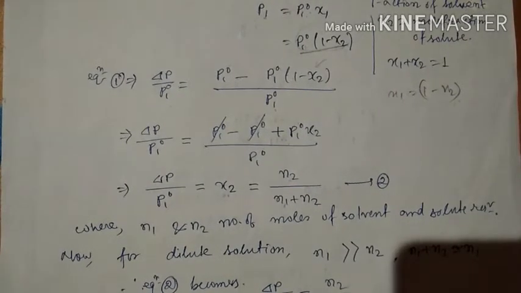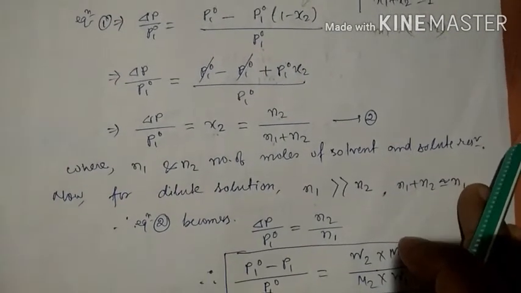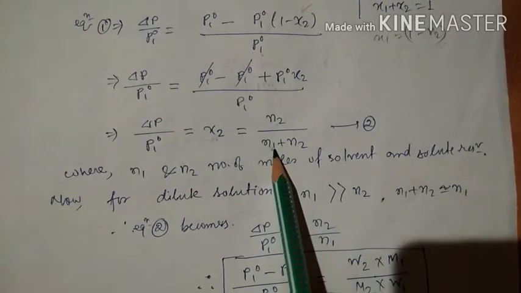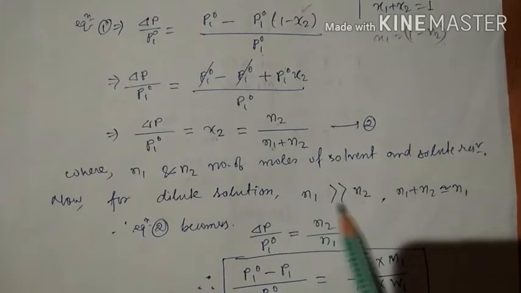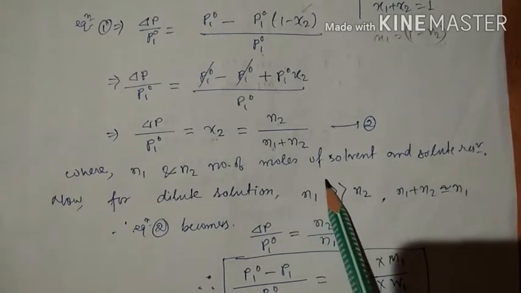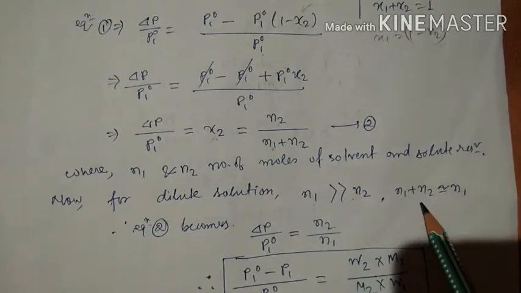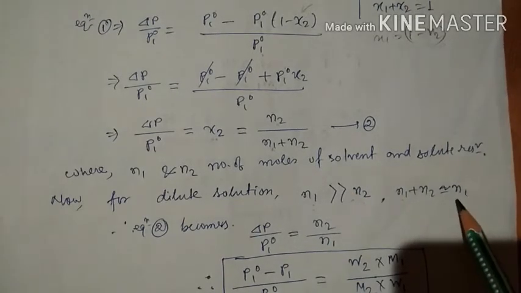A dilute solution is one where the number of solute particles is very small, or inversely the number of solvent particles is very large. If N1 is much greater than N2, meaning the solute is very small compared to the solvent, then we can write N1 plus N2 equals N1, because the maximum quantity is of solvent, not the solute, remember.